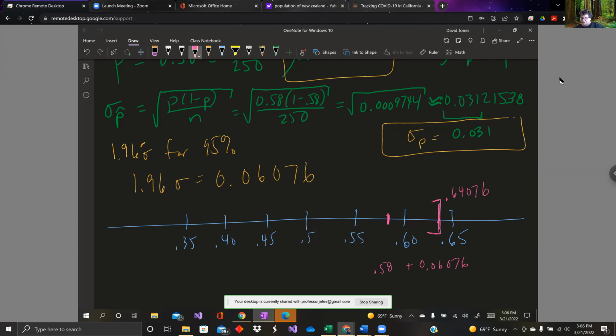And if I go the other direction, if I do 0.58 minus it, I'm getting 0.51924.